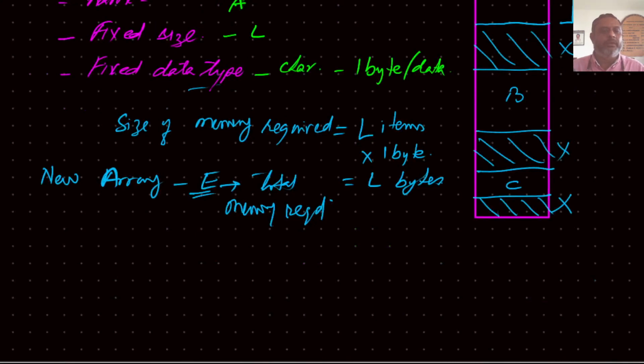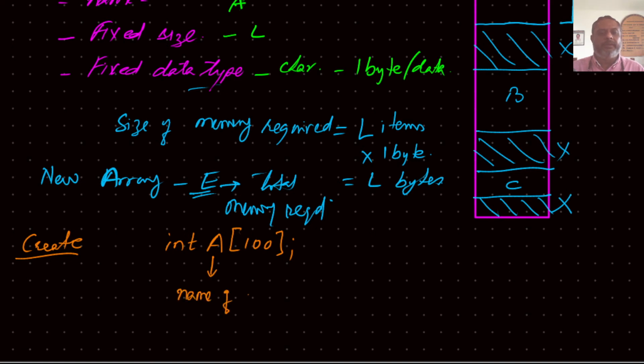Now coming to the various types of operations. When it comes to create, we just define. If you are working in the C language, then we could say int a of size 100. So we are saying that a is the name of the array, this is the type of the array, and this is the number of elements we have.